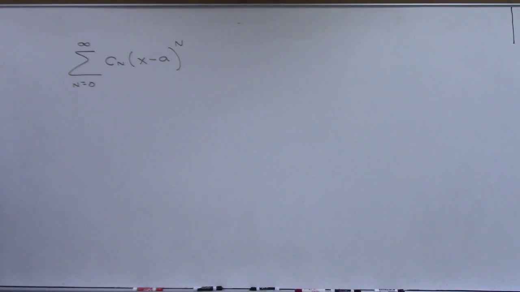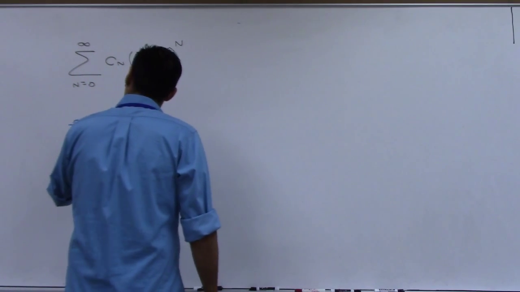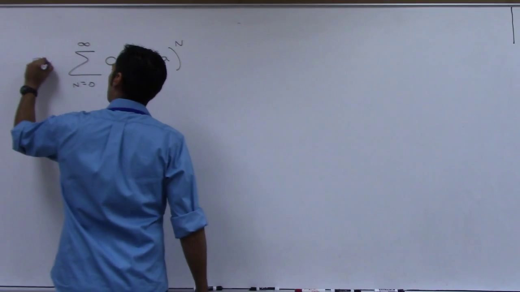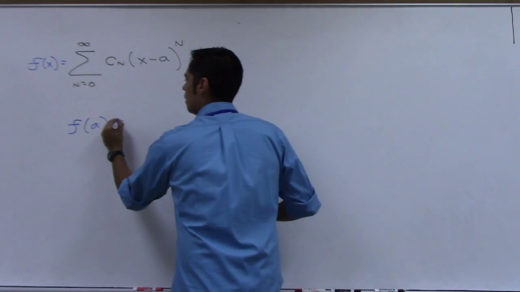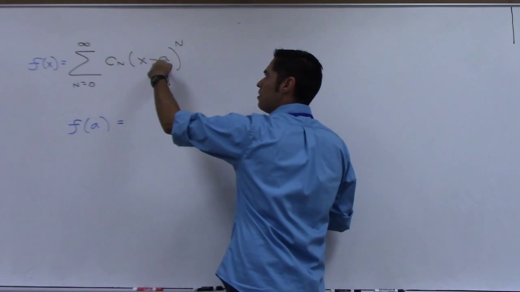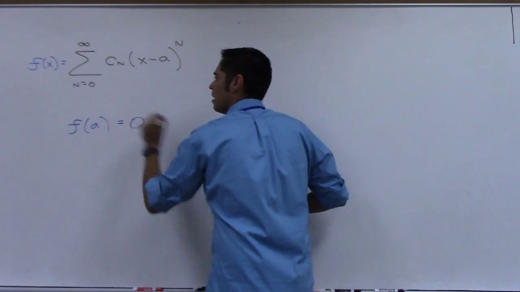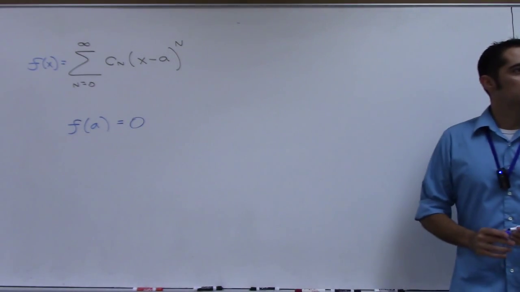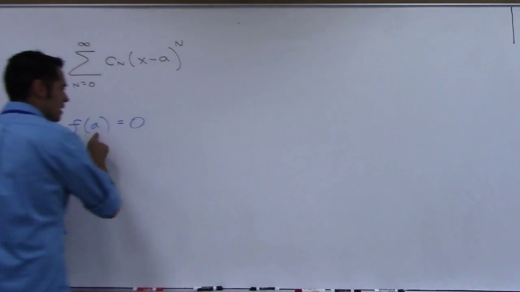If I let x be equal to a, so if I say, what's f of a, if we call this f, sorry. What's f of a? This is a minus a. It's 0 to any power, 0 times who cares? 0 added forever is 0, isn't it? Doesn't that converge? I mean, I plugged in a, and I got a number out.